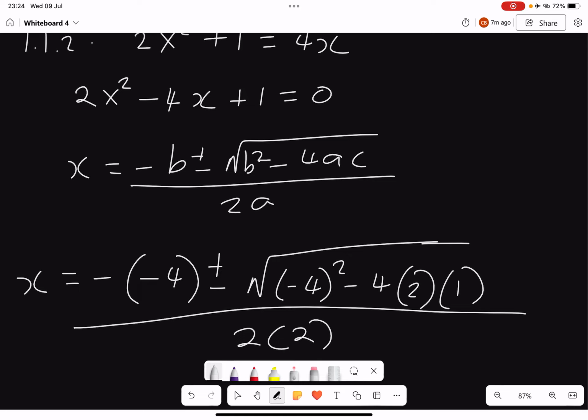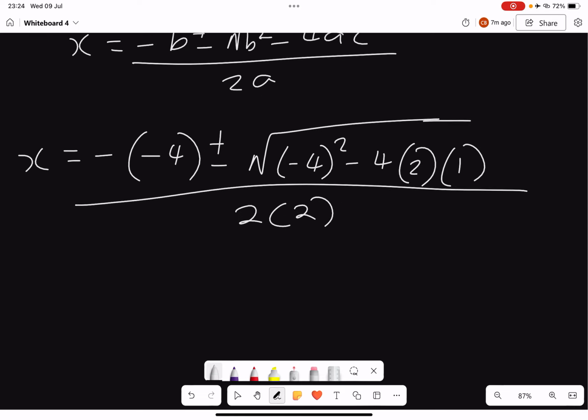And putting that into the calculator, we are going to get x equals 1.71 or x equals 0.29.